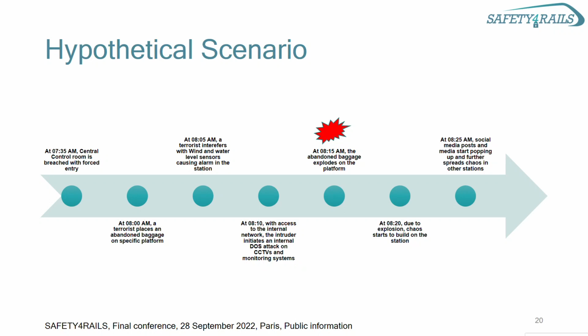At 8:15, the baggage explodes, causing structural damage and chaos in the station. The explosion causes damage to the power supply SCADA systems. This causes failure of signaling systems, causing decline in train speeds. The explosion itself causes fear, chaos, and stampede. At 8:25, posts about explosions start flooding in social media, causing further chaos around other stations as well.